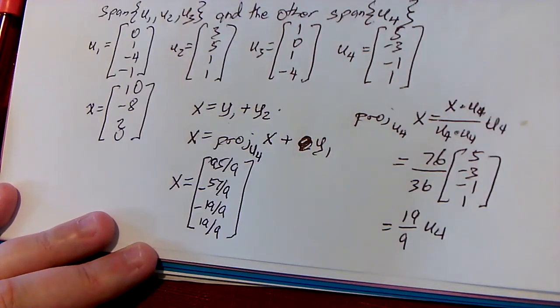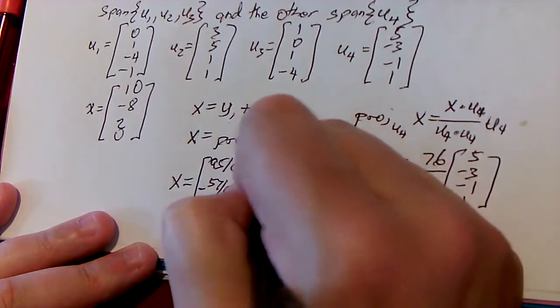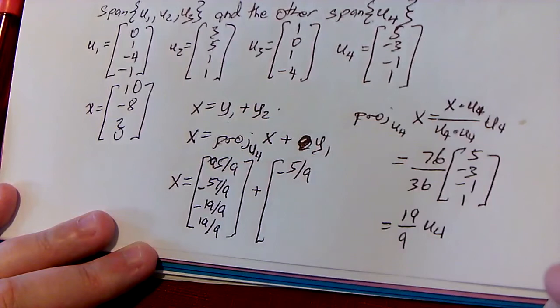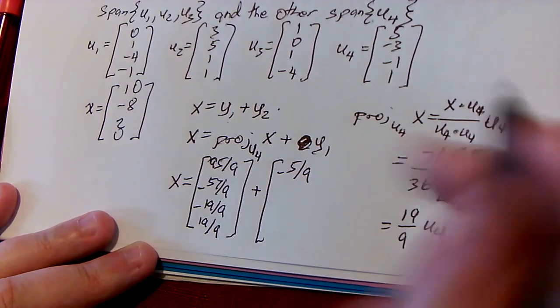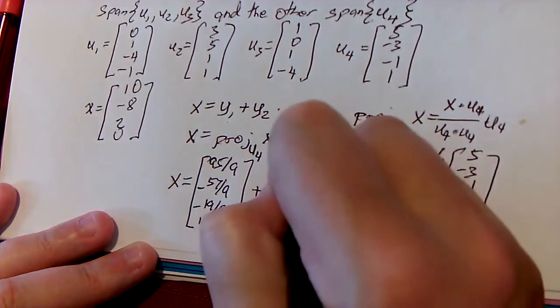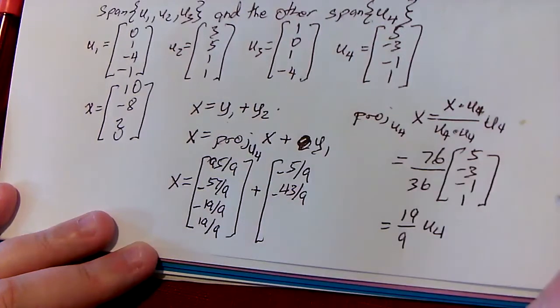Okay, because I'm doing x minus this x hat, or this projection that I just found. So if I do 10 minus 95 over 9, I get negative 5 over 9. That would be 90 over 9, so subtracting. Negative 8, and again, I'm subtracting now 57 over 9. So that gives me a negative 43 over 9.